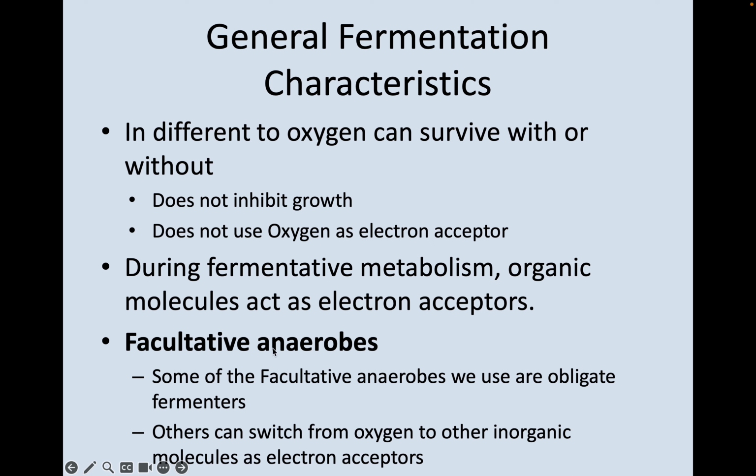All right, so some of these fermenters are facultative anaerobes, some are obligate fermenters, so it's the only type of energy harvesting they can do. Others can switch from oxygen to other inorganic molecules as electron acceptors.